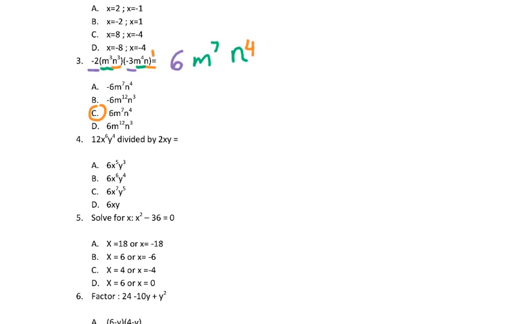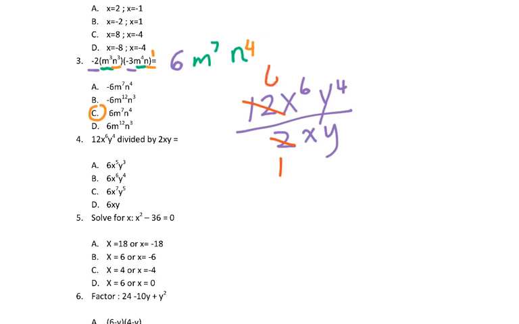For number 12, we have 12x to the 6th power y to the 4th power divided by 2xy. Therefore, for the regular numbers, we reduce the division and we get 6. For the division of powers, we subtract the exponents.